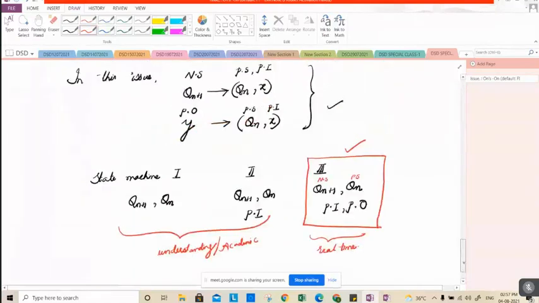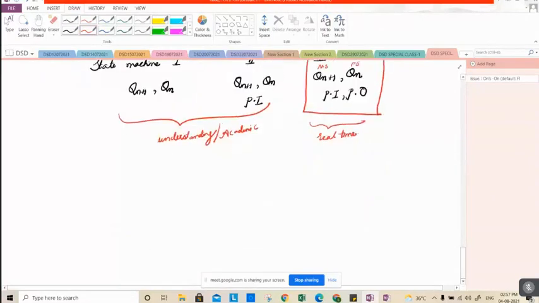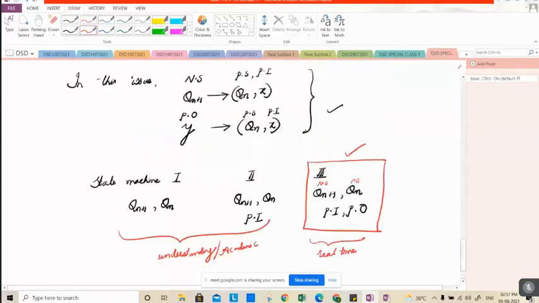Does state machine 1 never come? Maybe it can come. But in the majority of cases, only state machine 3 examples are used. Don't remember it as a classification.